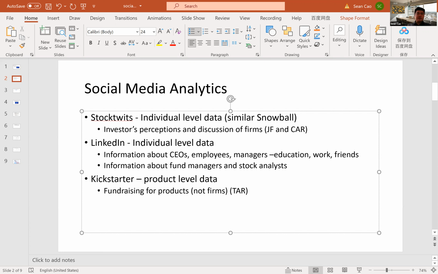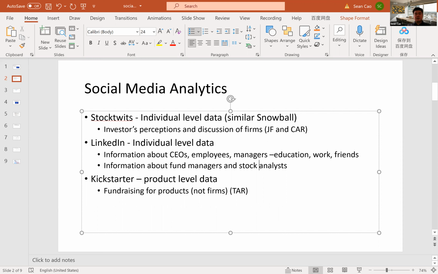Once you get the information, you can understand why the company is doing well, why the founder manager is doing well. So by understanding the founder manager's background and the skill sets of the stock analyst, you can use that information to predict the fund performance. You can use that to predict the stock analyst's forecast accuracy.